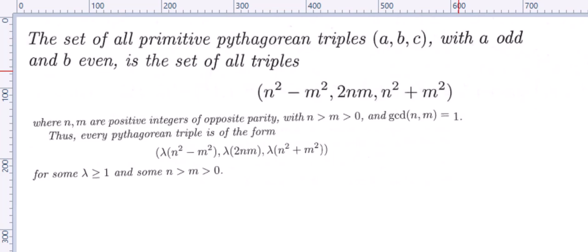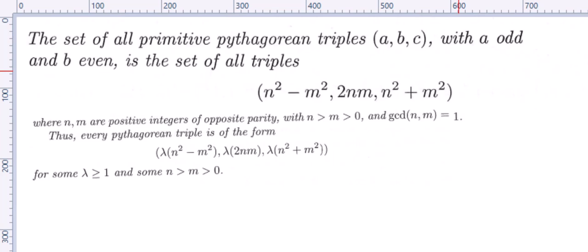Thus, every Pythagorean triple is of the form lambda times n squared minus m squared, lambda times 2nm, and lambda times n squared plus m squared, for some lambda greater than or equal to 1, and some n greater than m and m greater than 0.